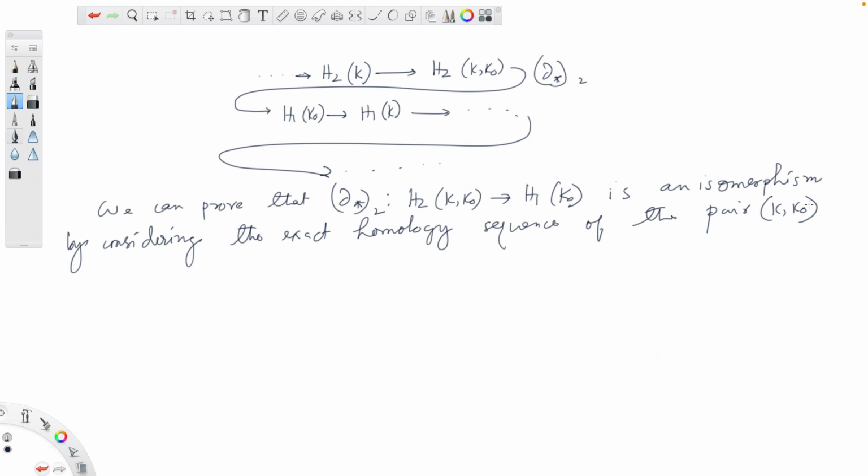Let us focus on the following portion of the exact homology sequence.